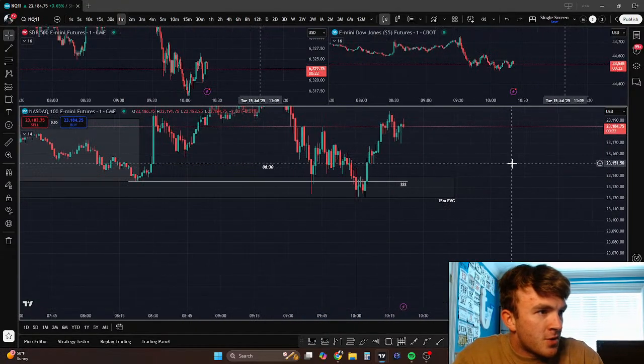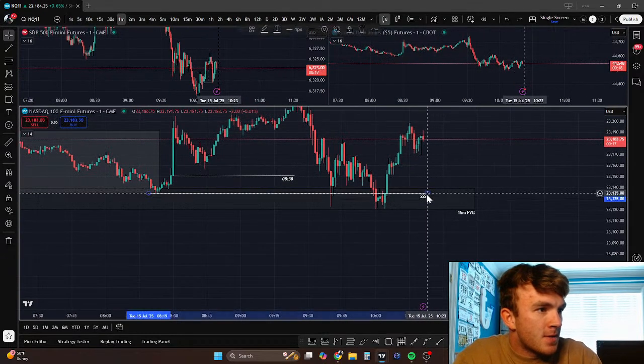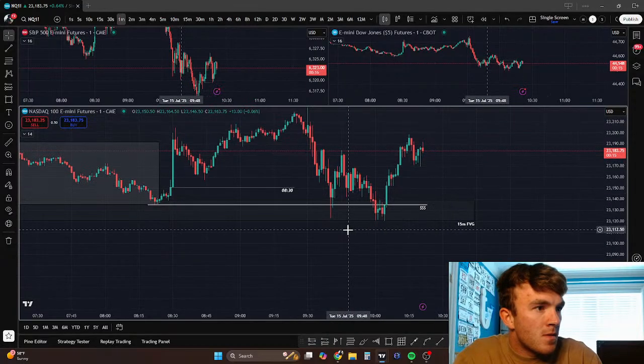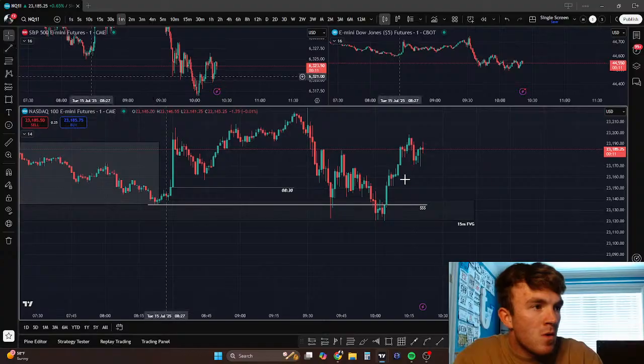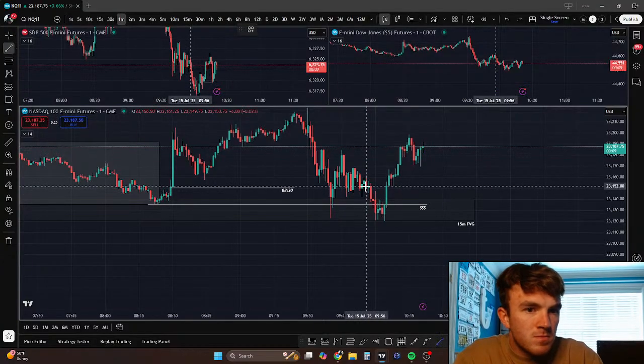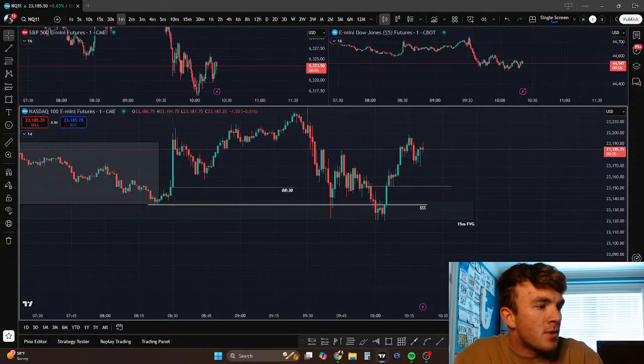And then distribution, right? 1-minute change of state of delivery. We back test it perfectly. We tapped opening range gap high.